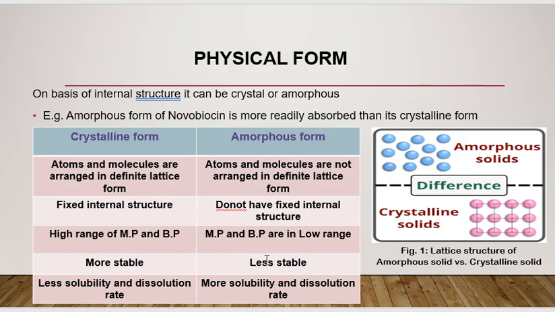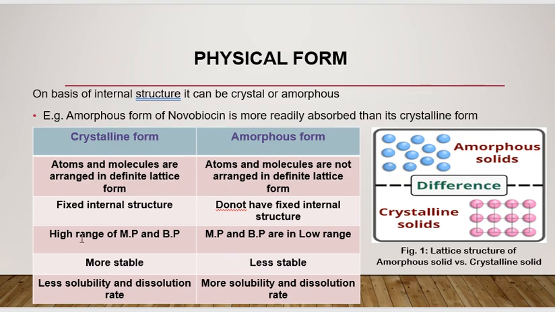Crystalline solids also have a fixed internal structure, whereas the amorphous form does not. Also, the crystalline form has a very high melting point and boiling point, whereas the amorphous form has a low melting point and boiling point.